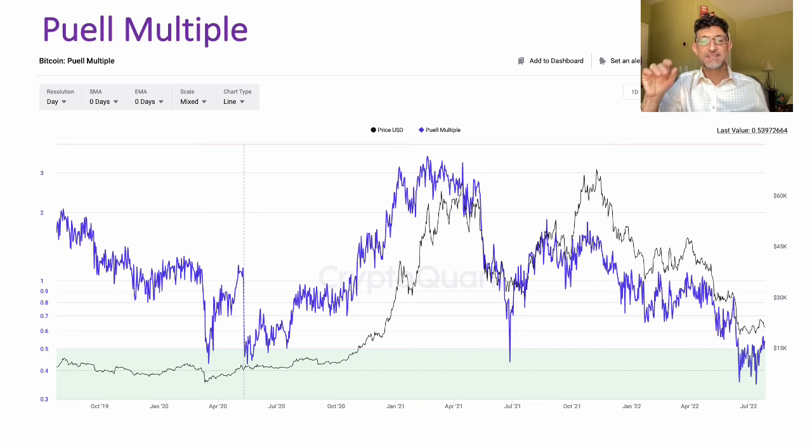So again, this is daily coin issuance over the one-year moving average of the value of that coin issuance. So when this declines to the green zone, that means that miners are having a difficult time. And in mid-June, or around that time, June, July, we did hit a very low value. So this number did become bullish.